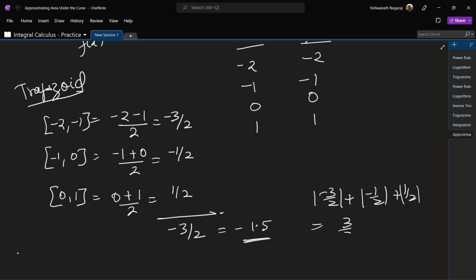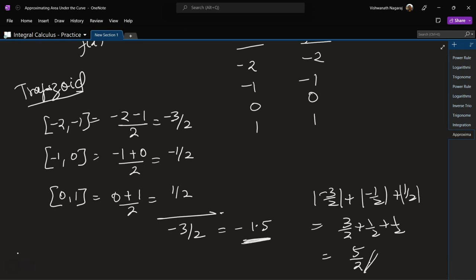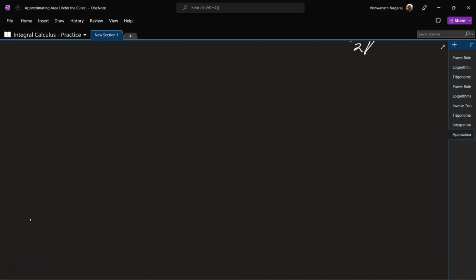In which case this becomes 3 by 2 plus 1 by 2 plus 1 by 2, which gives us 5 by 2 square units. But mathematically, this is the area.